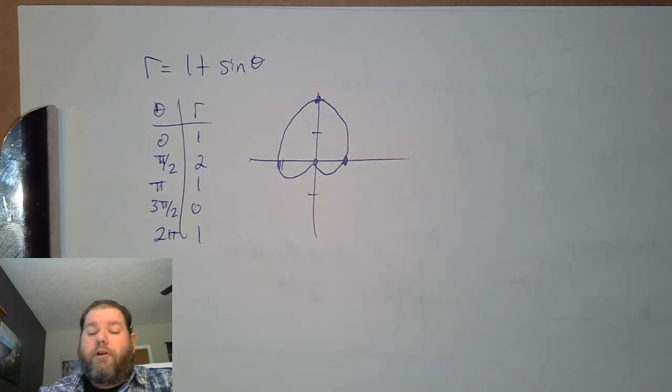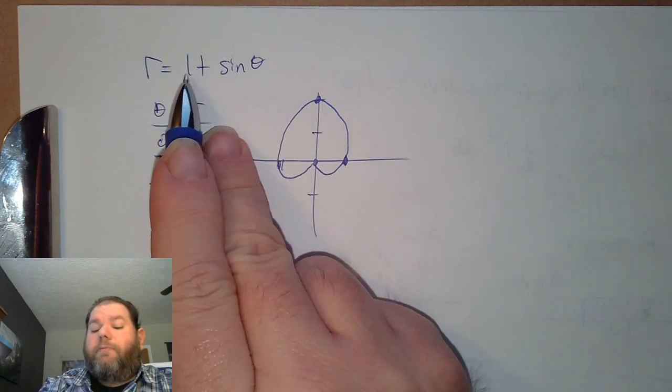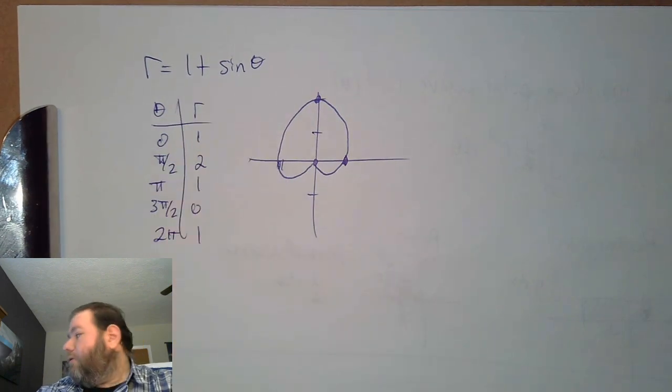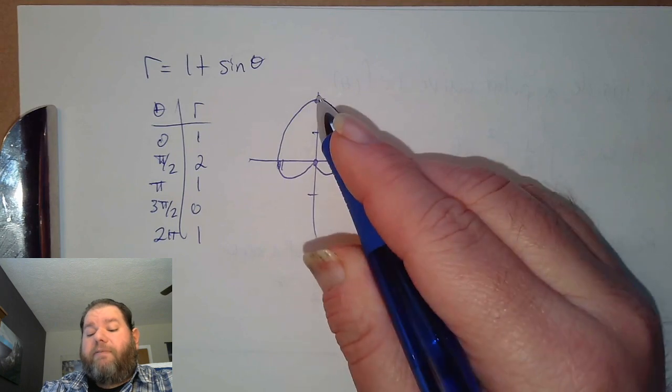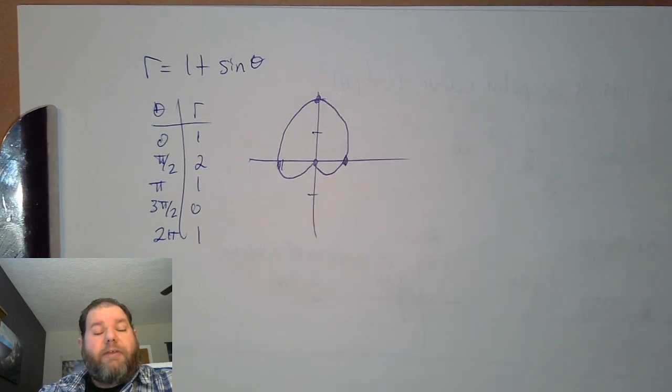Okay, so it is a cardioid. Does this number and this number match? Alright, so let's see. We can either integrate this from 0 to 2 pi, or we can go from negative pi over 2 to positive pi over 2 and then double. It's probably easier to go 0 to 2 pi in this scenario.